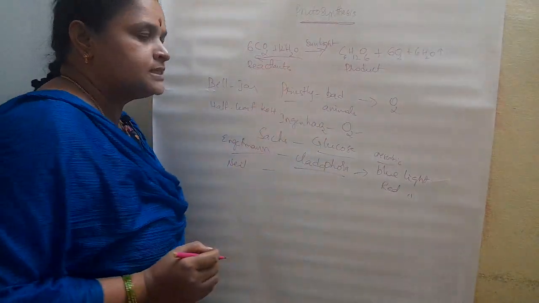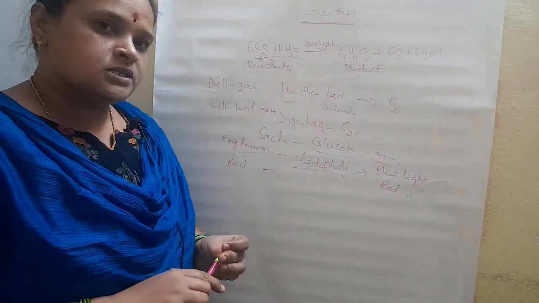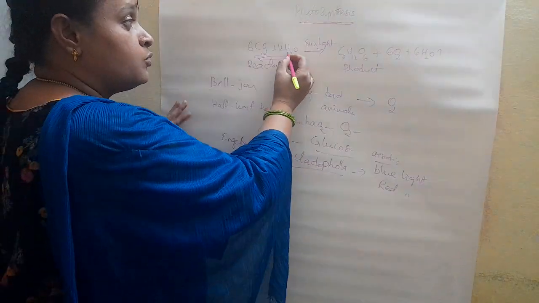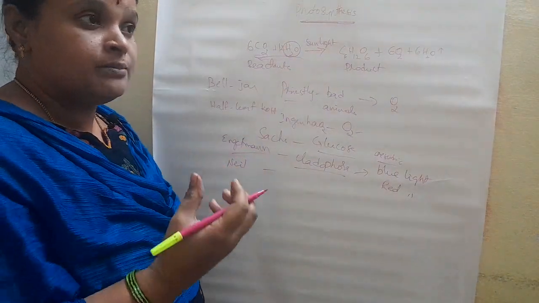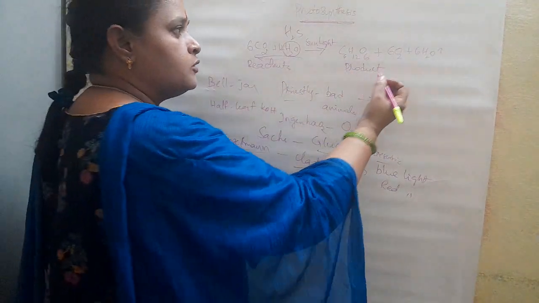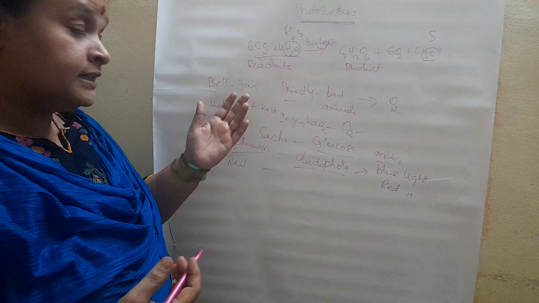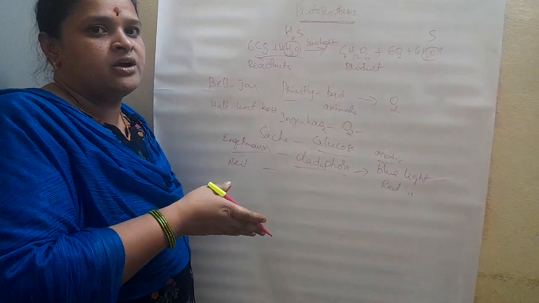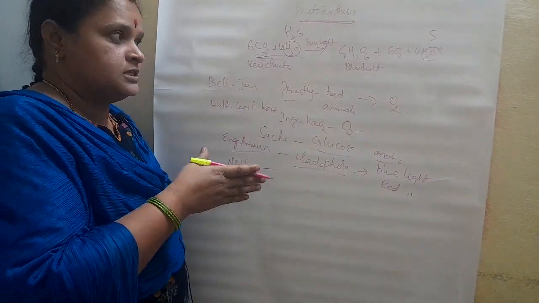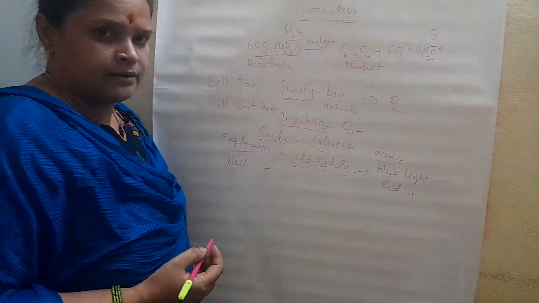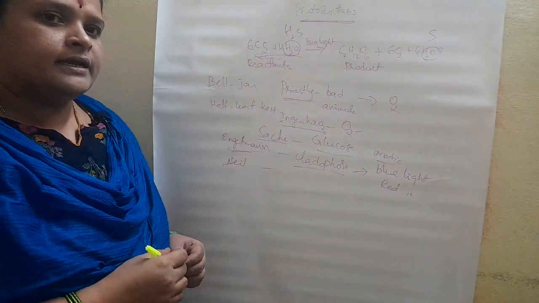The equation is 6 CO2 plus 12 H2O gives C6H12O6 plus 6 O2 plus 6 water molecules. And if it is not water, as in some sulfur bacteria, with H2S, then sulfur will be released out. Sulfur will be released out in sulfur bacteria. Okay, so this is the prehistory of photosynthesis. The scientists who came: Priestley, Ingenhousz, Sachs and Engelmann, and next Van Niel.